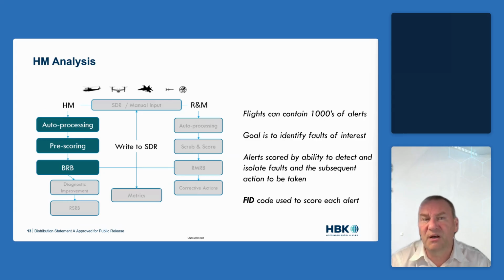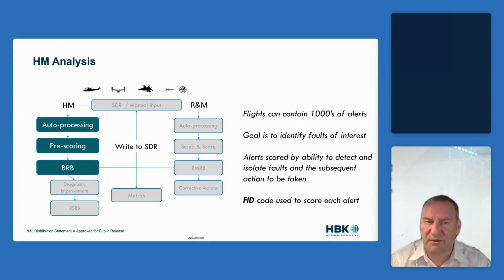Just to give you some context, when you fly a flight and get back this data, you can get thousands of these alerts in the data. On any individual flight, from the mission and flight computers, there can be thousands of these alerts.